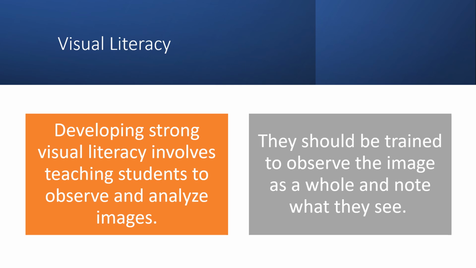They should be trained, as this says to the right, to observe the image as a whole and note what they see in order to provide evidence for the message that they believe is being conveyed or the feelings that are being evoked through the image.